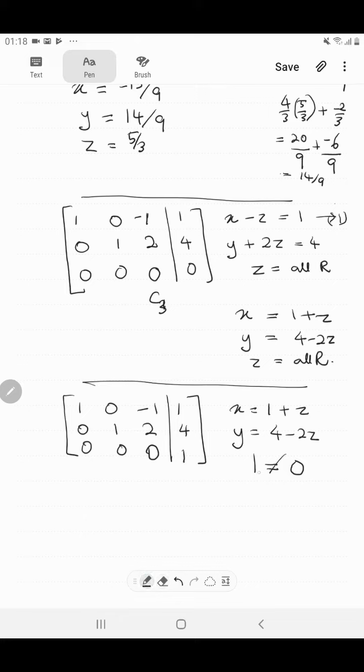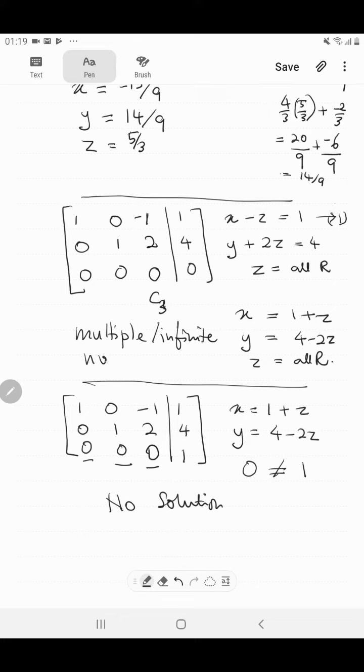Okay, z is not specified, but 0x, 0y, 0z could not equal 1. So in this system there is no solution, right? This one you can have multiple, or in fact infinite number of solutions.